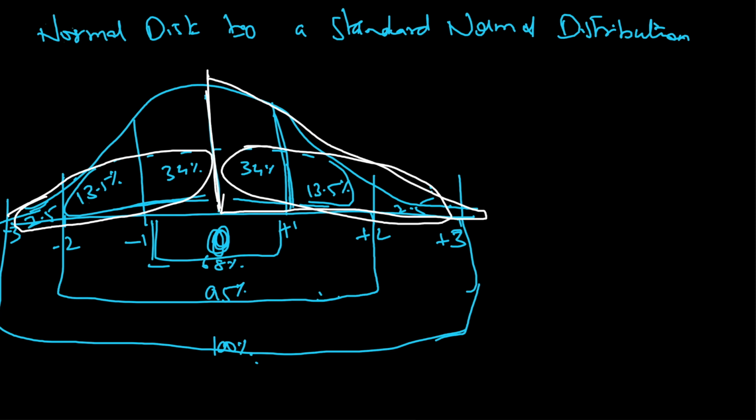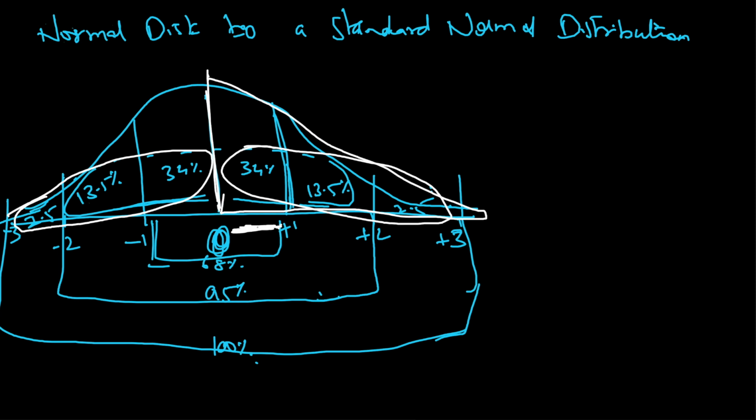Now, what is Z score? When I say +2 standard deviation, +3 standard deviation, standard deviation basically means the deviation from the mean. From the mean, what is the deviation?